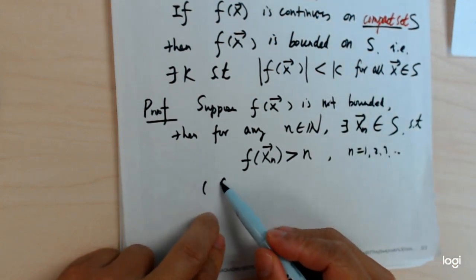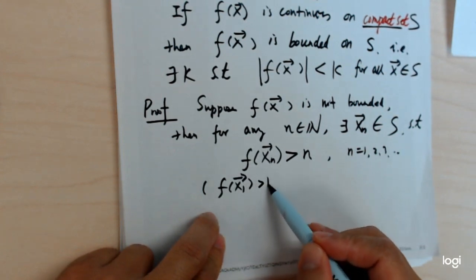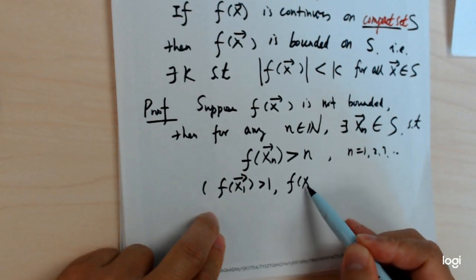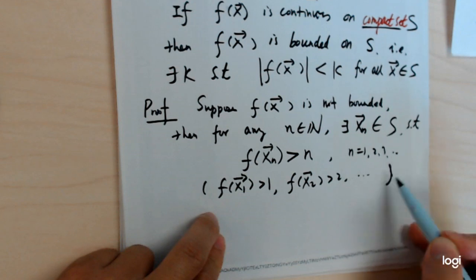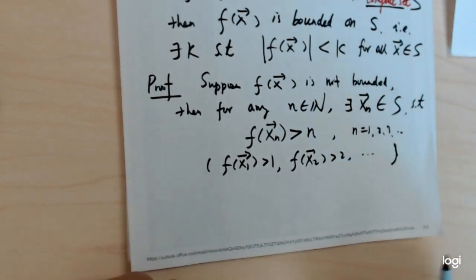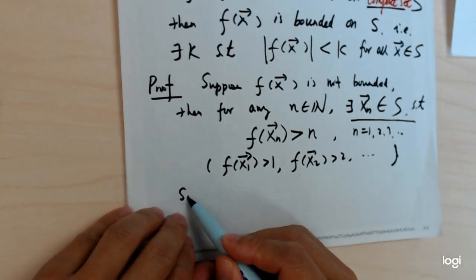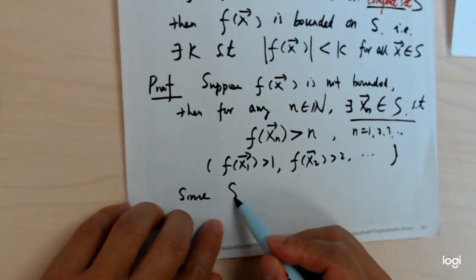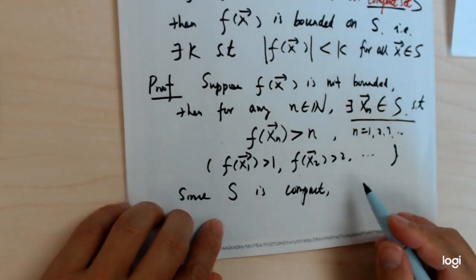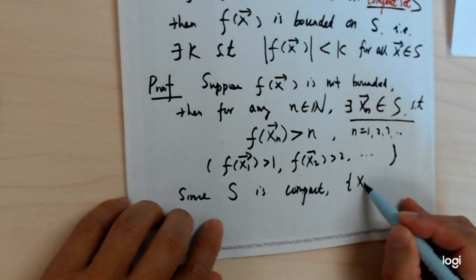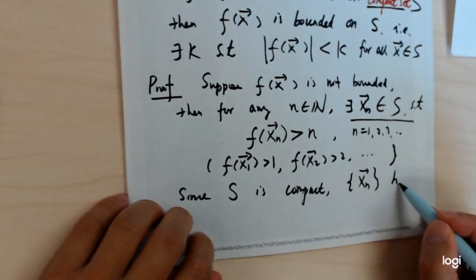So here we're talking about, hey, there is a point x1 with f of x1 bigger than 1. There's another point that we call x2 with f of x2 bigger than 2. So here we create a sequence in S. Now because S is compact, any sequence has a convergent subsequence.